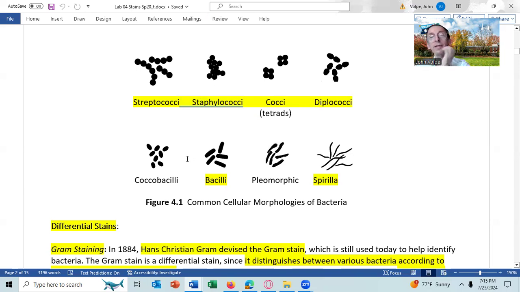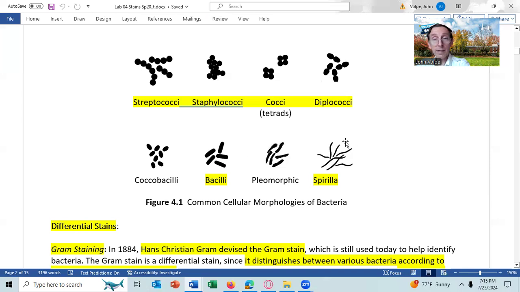Seems like we're missing something, but I'm not sure what it is. All right. For bacilli, you can get streptobacilli and diplobacilli. We do not have staphylobacilli. We do not have tetrads and sarcinae for bacilli also.